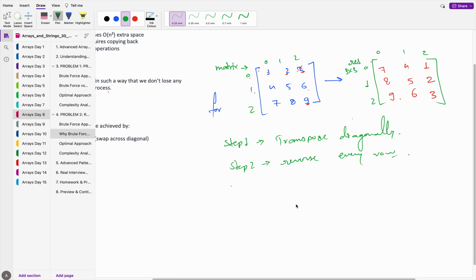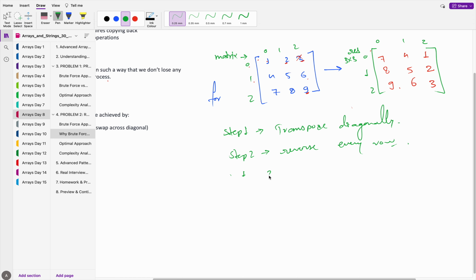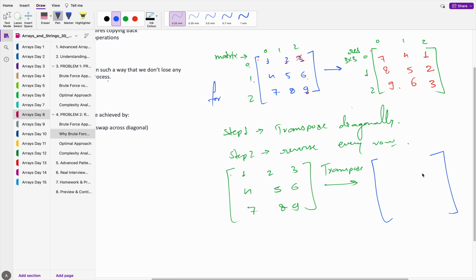Like if I have 1 2 3, 4 5 6, 7 8 and 9, so if I were to take the transpose, है ना, it will look like this. Transpose diagonally, है ना, so 1, there is nothing on the diagonal of 1, so 1 would stay here.